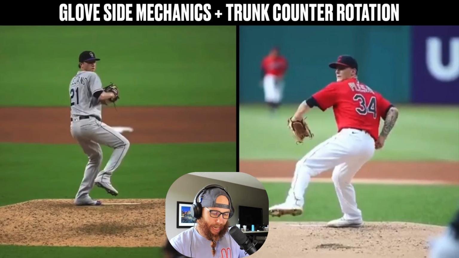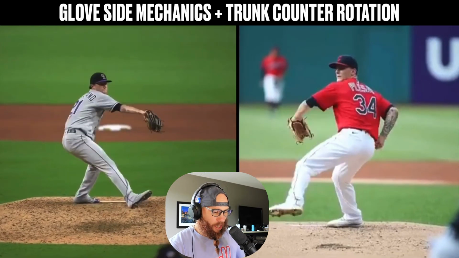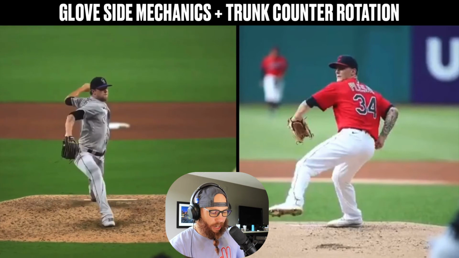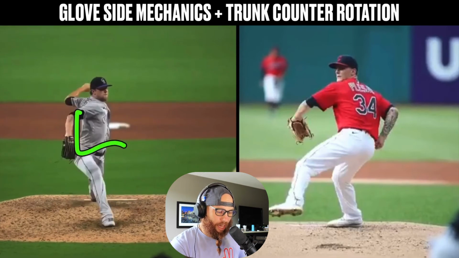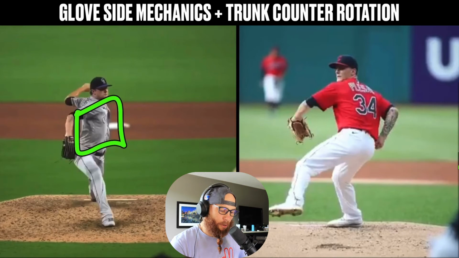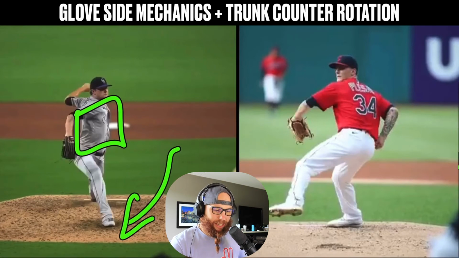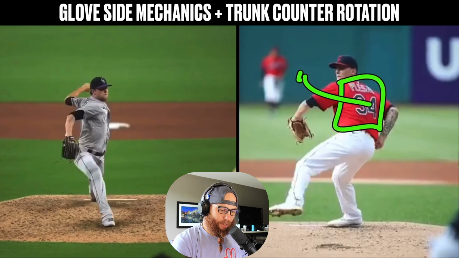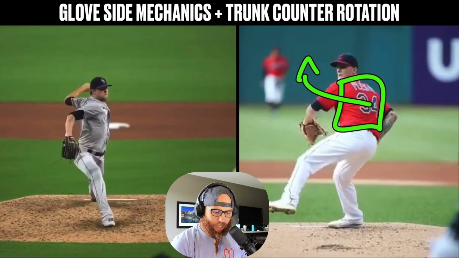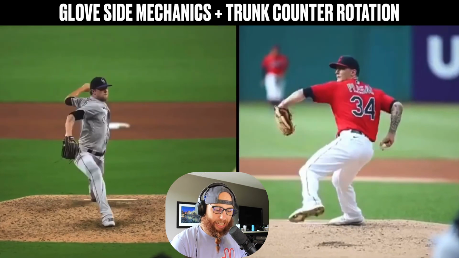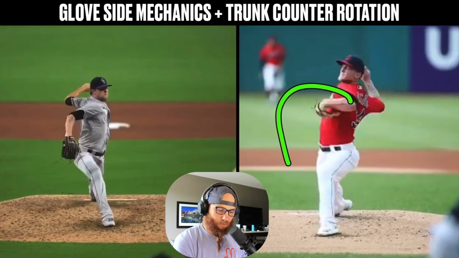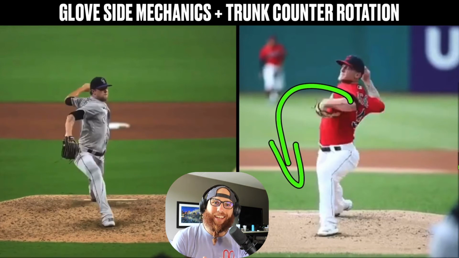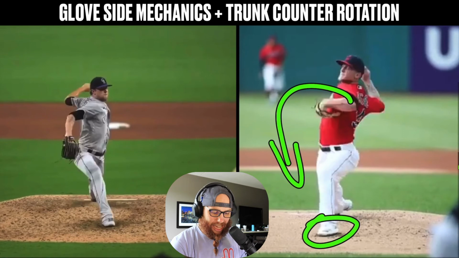But yeah, just to sum this up, Freeland is more linear with his glove side, which is still going to help him get into the neutral trunk posture that we want upon anchor point. So he doesn't need any more counter rotation of his trunk to buy time or essentially kill time. Whereas Plesac is drastic in terms of his trunk counter rotation upon hand separation, which he probably needs because he's so rotationally aggressive when he anchors down, right?